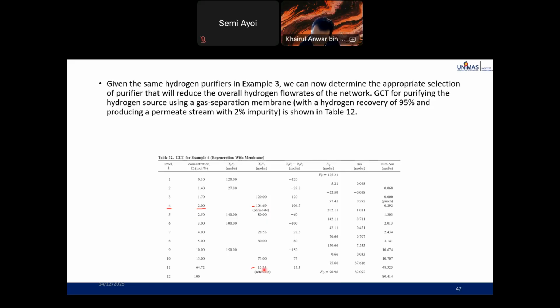So, finally, 6. Okay, but these two values are coming from here.